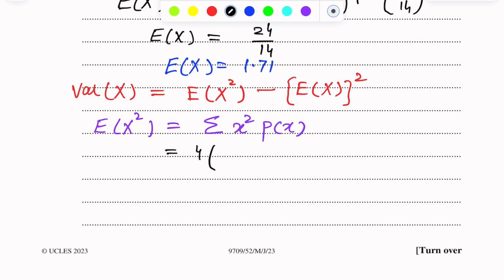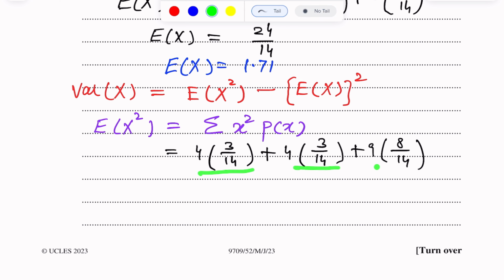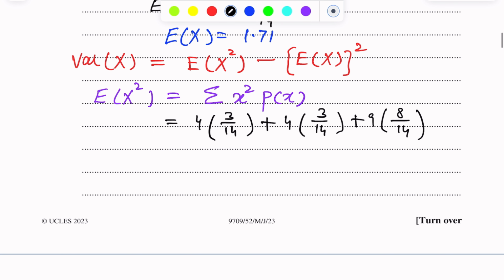After simplifying these three terms, finally we get 48 over 7.